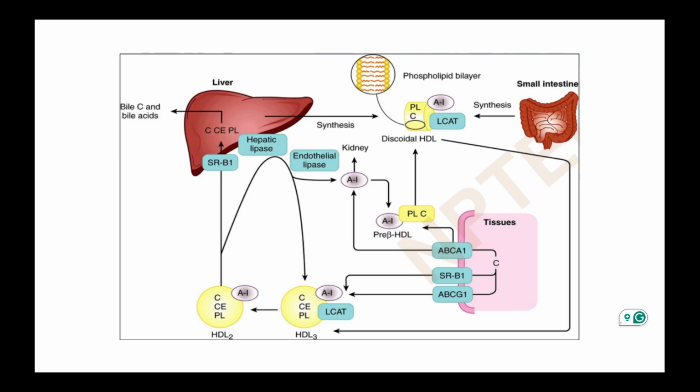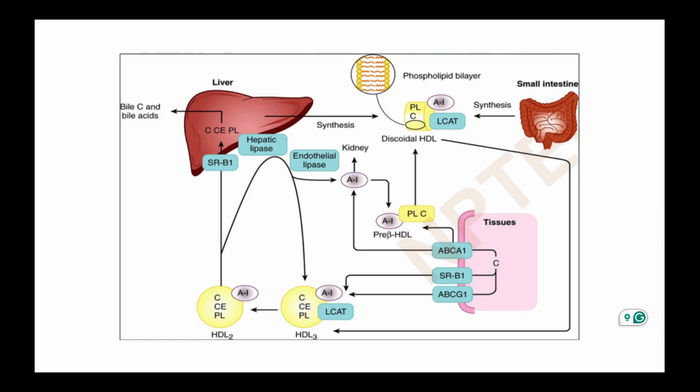Now in the liver the cholesterol synthesis happens, and HDL formation actually starts from a molecule called pre-beta HDL. This pre-beta HDL has apoprotein A1 associated with it, and it mostly consists of phospholipids and cholesterol.